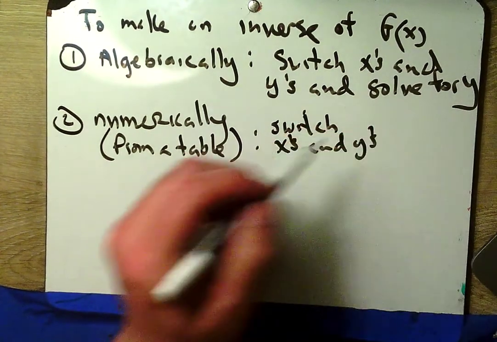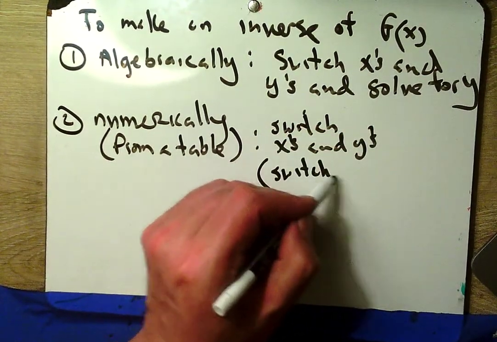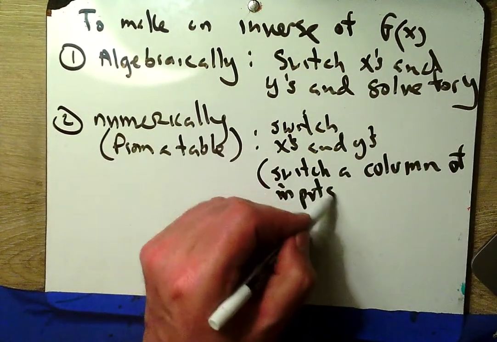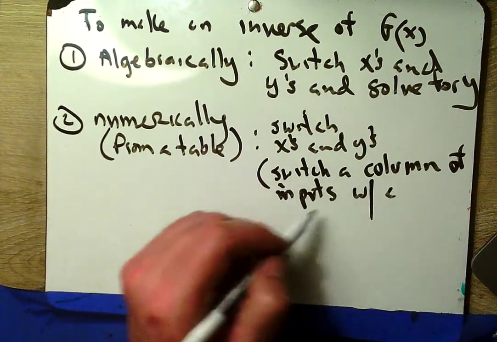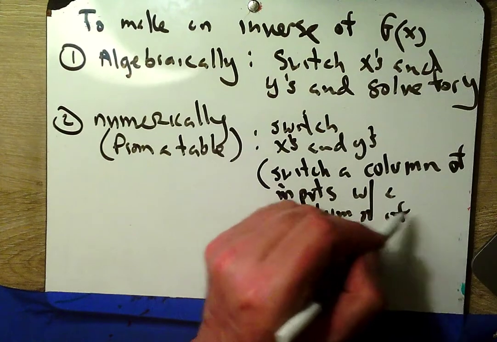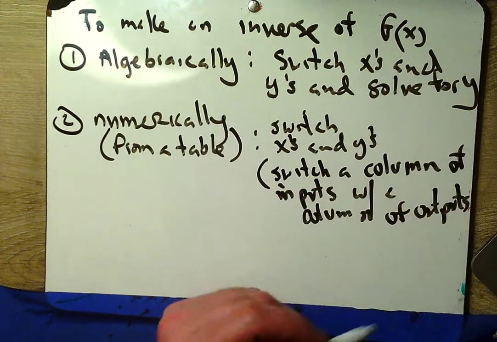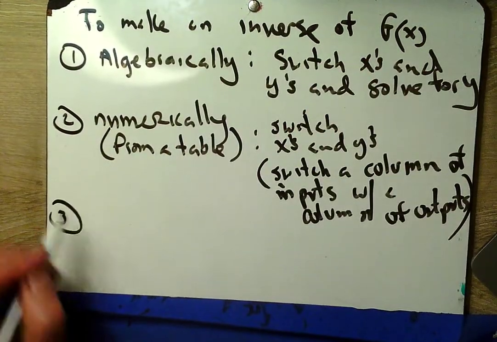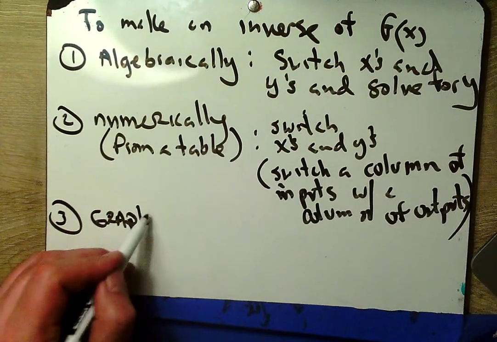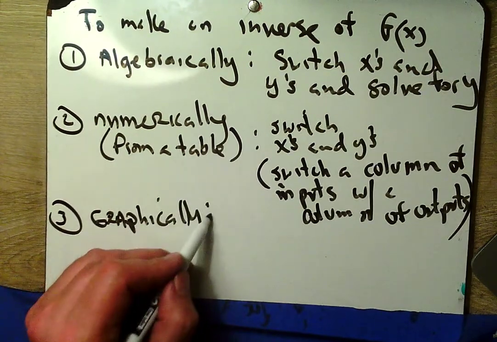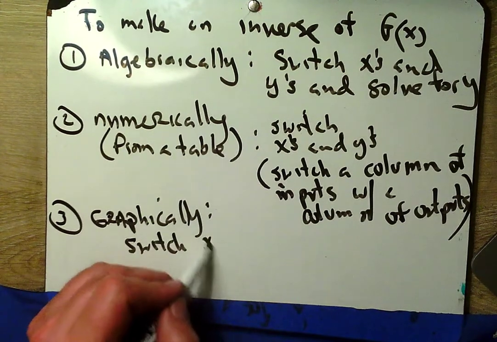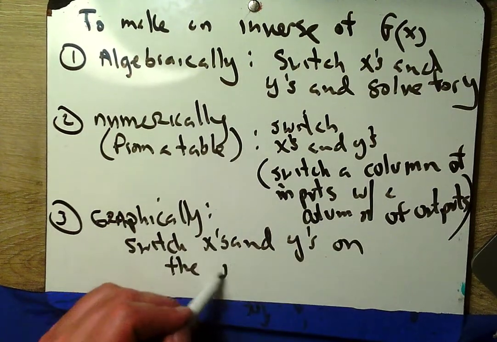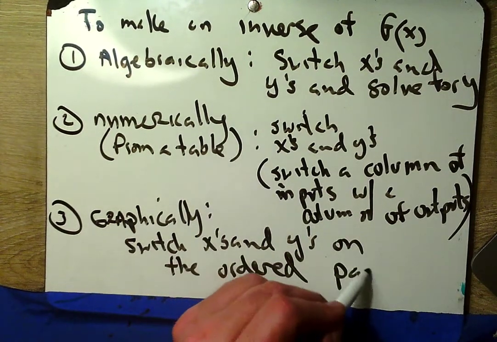I mean, it may be that I'm switching a column of inputs with a column of outputs. And three, graphically, I want to switch the x's and y's on the ordered pairs.